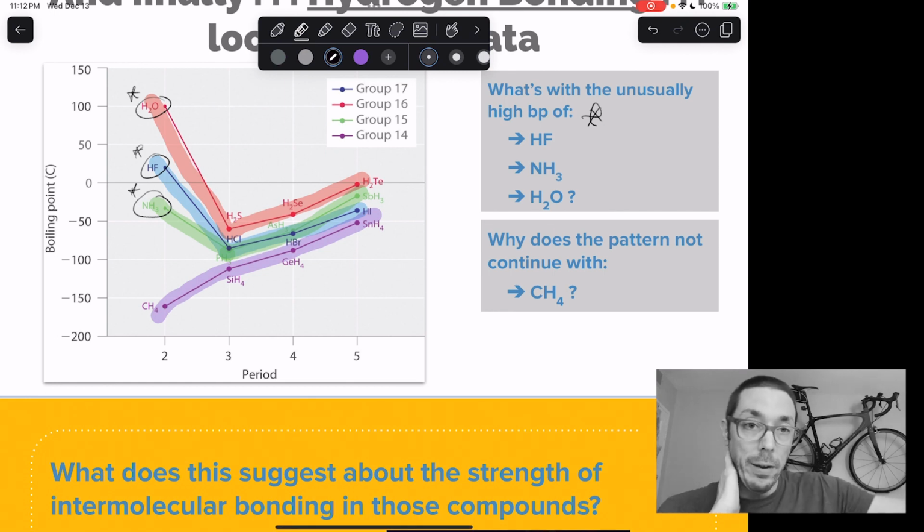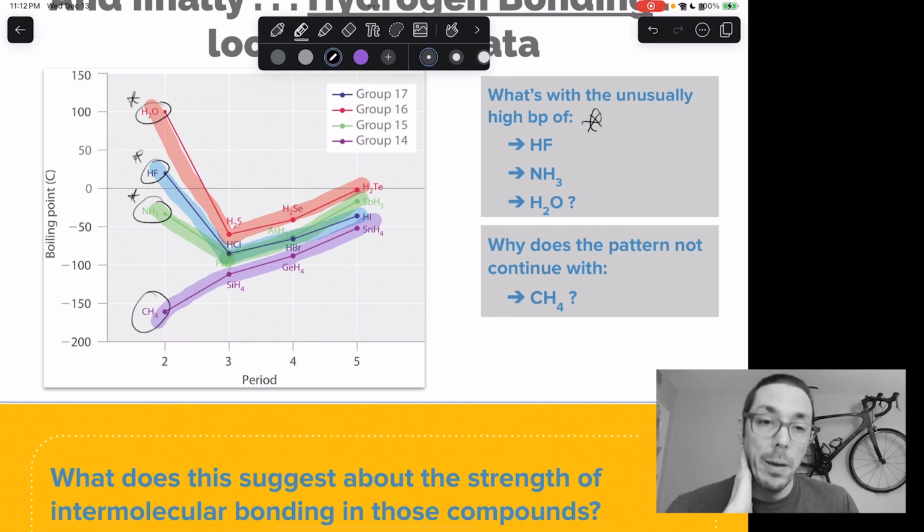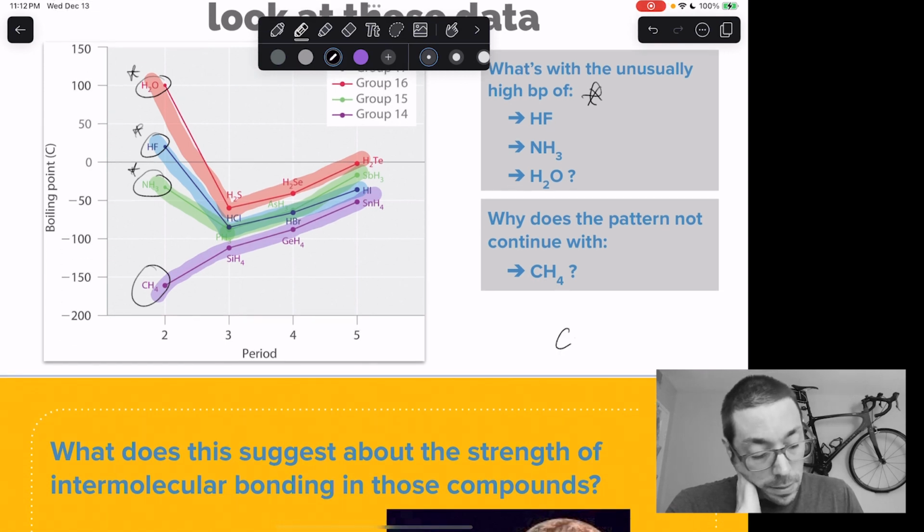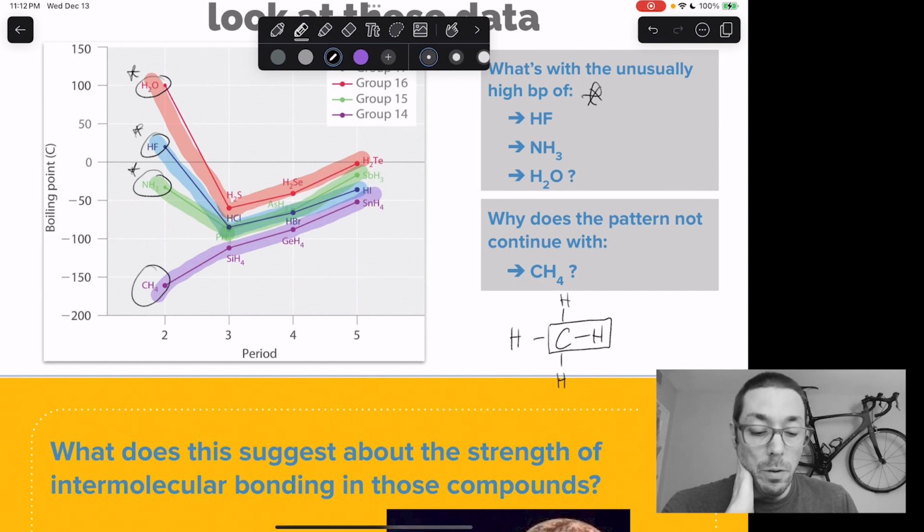They don't follow that trend downwards. CH4 doesn't follow that trend because it doesn't create hydrogen bonds. CH4 looks like this. So hydrogen in this case is not bonded to fluorine or nitrogen or oxygen.